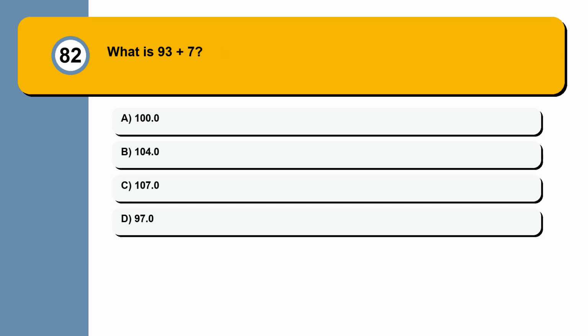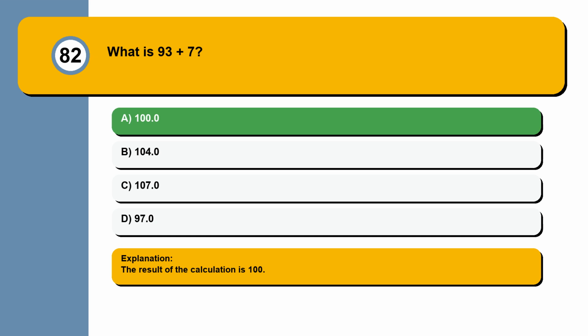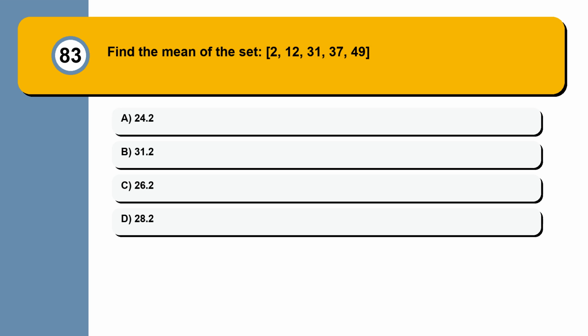Question 82. What is 93 plus 7? 100.0, 104.0, 107.0, 97.0. The result of the calculation is 100. Question 83. Find the mean of the set 2, 12, 31, 37, 49, 24.2, 31.2, 26.2, 28.2.